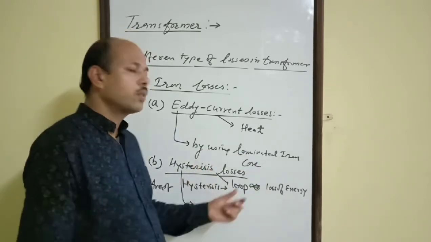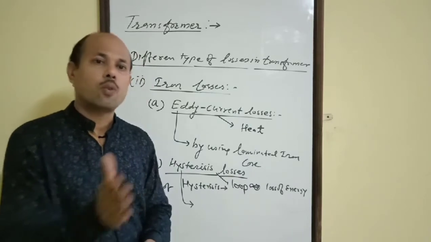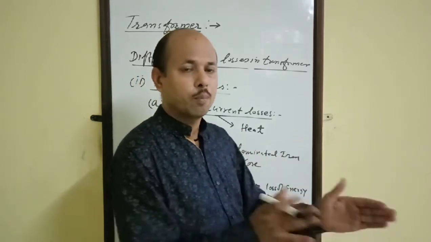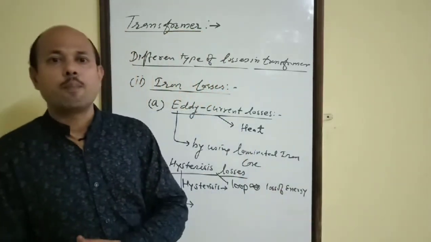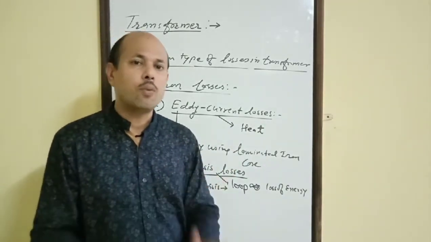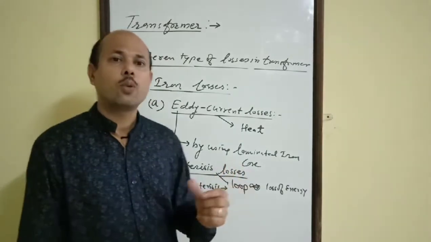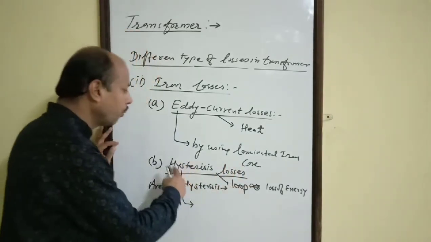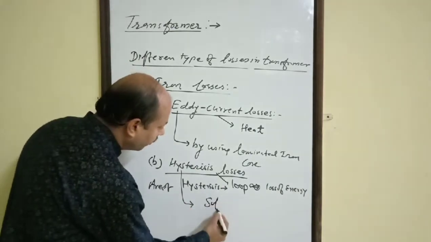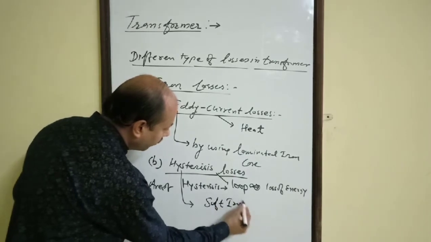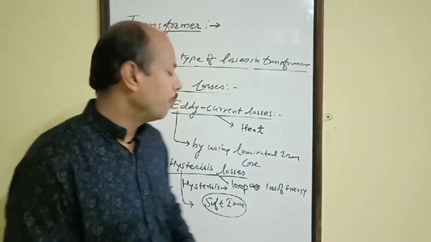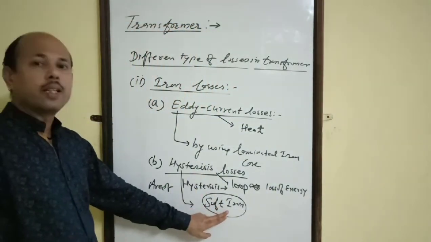For this purpose, we have two choices: one is soft iron, the other is steel. Both are ferromagnetic substances. If we compare them, the area of soft iron is less in comparison to steel. Therefore, to minimize this hysteresis loss, we use soft iron for making the core of the transformer instead of steel, because steel has more area of hysteresis loop.